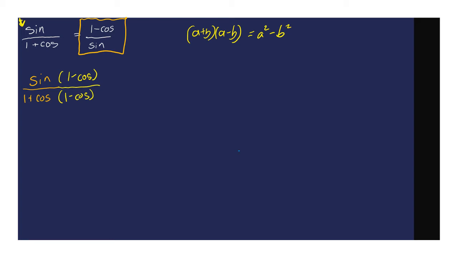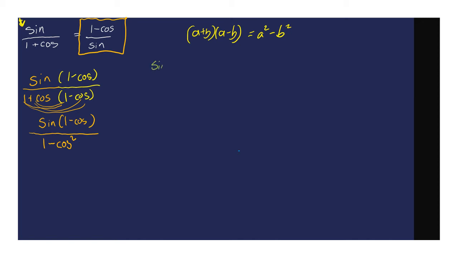And what I'm left with is on top, sine times 1 minus cosine. And on the bottom, 1 times 1 is 1. So I have 1, and then the middle terms will cancel out if I did minus cosine plus cosine. Minus cosine squared.